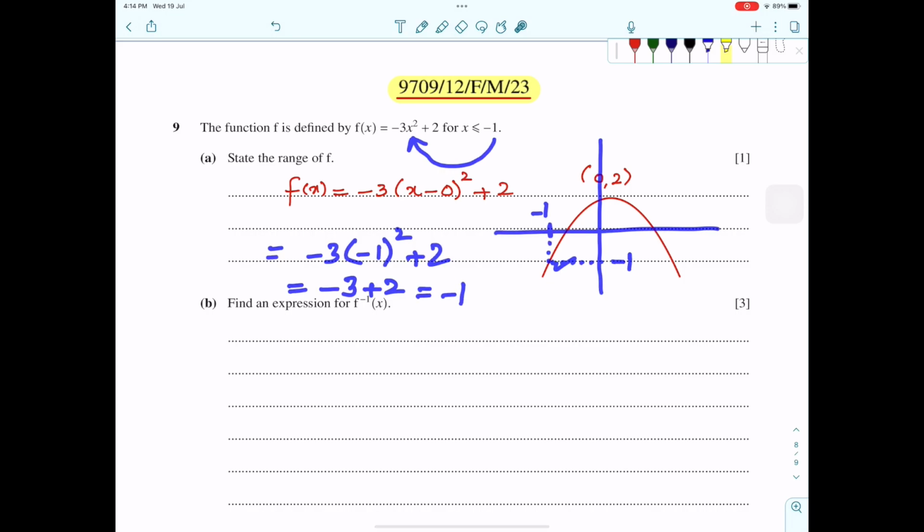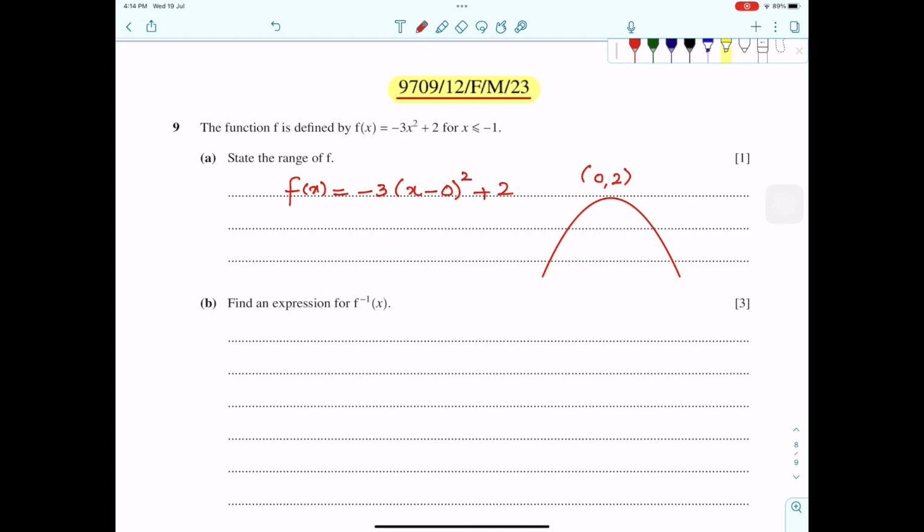Since x is less than or equal to -1, you will get values that are less than or equal to -1. That means your range is less than or equal to -1. So you can write in this way: f of x is less than or equal to -1. And that is your final answer.